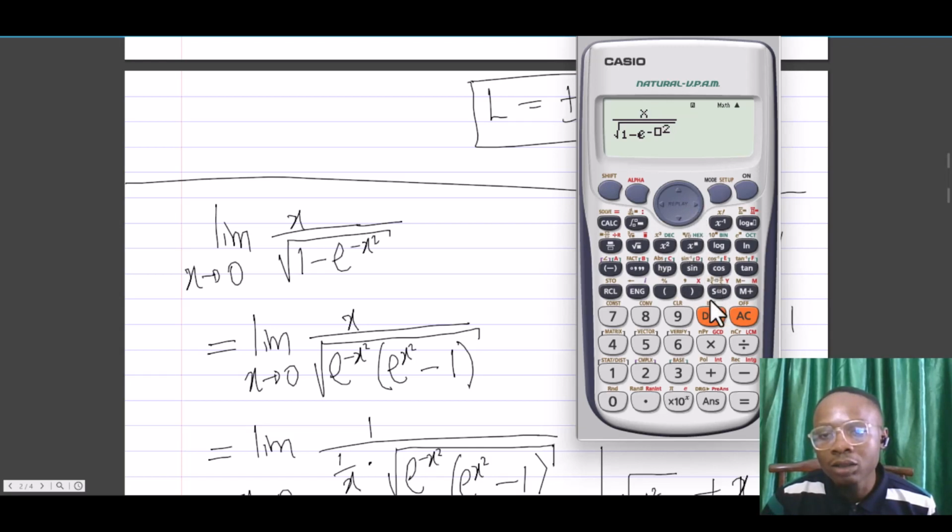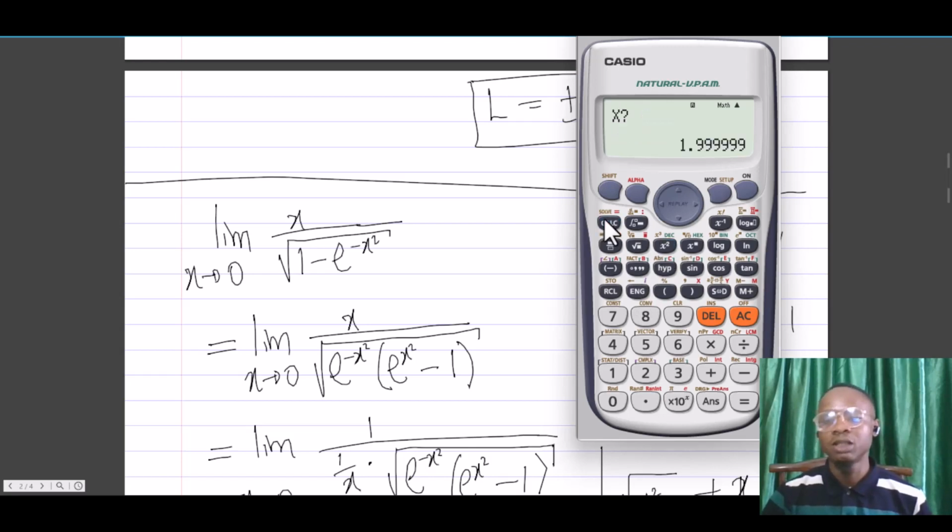Let's clear that. Delete e to the power minus x squared. X squared, sorry. Not shift alpha x, then squared.